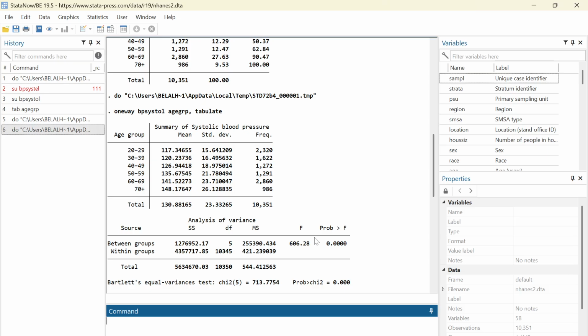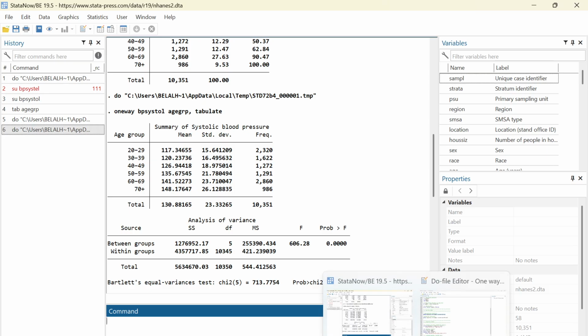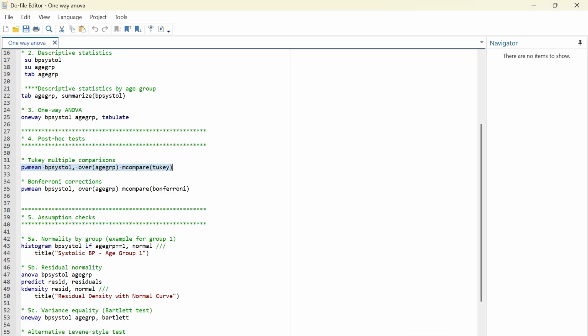For that, we have a code written in my do file. This is the Tukey multiple comparison test. I have already run the code, but I can do it again. Let me explain this code first. The Tukey multiple comparison test basically starts with pwmean. PW means pairwise mean.